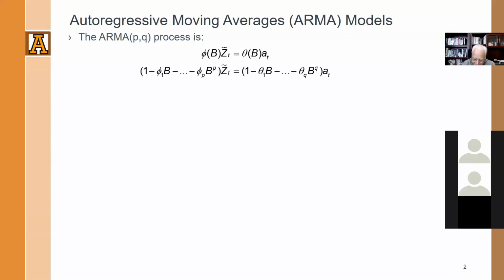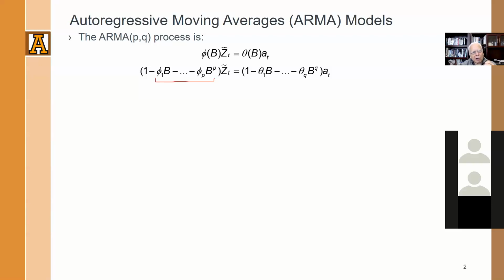If you put all these terms from here to the other side of the equation, what it says is that Z_t depends on Z_{t-1}, Z_{t-2}, Z_{t-3}, up to Z_{t-p}, and also depends on a_t, a_{t-1}, a_{t-2}, up to a_{t-q}.